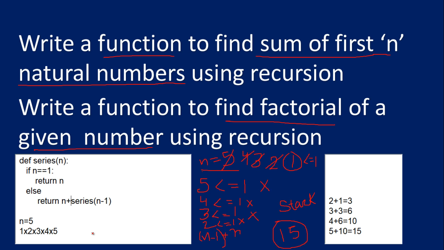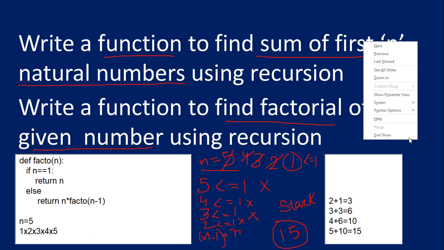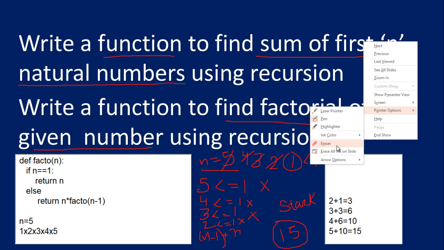Otherwise, you have to return n multiplied by, suppose we give the name of this function as facto. So we will call n multiplied by facto of n minus 1.